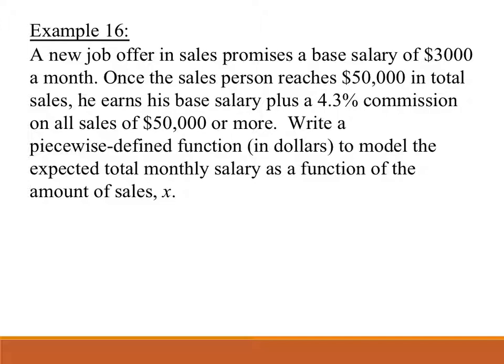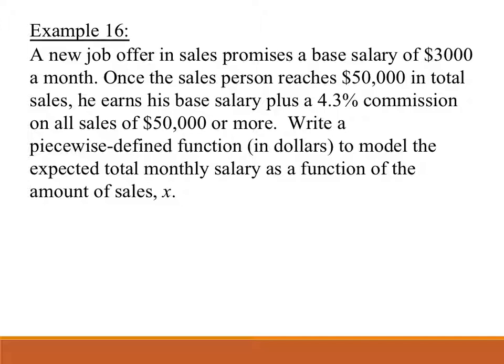So here's an application for a piecewise function. A new job offer in sales promises a base salary of $3,000 a month. Once the salesperson reaches $50,000 in total sales, he earns his base salary plus a 4.3% commission on all sales of $50,000 or more.